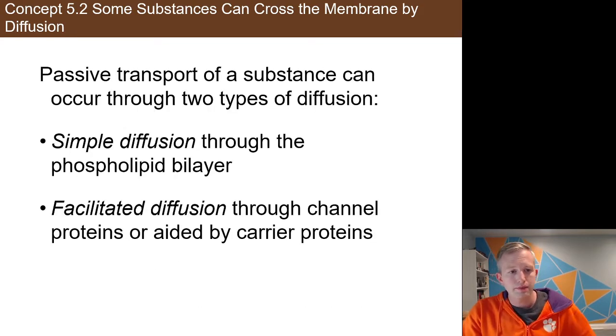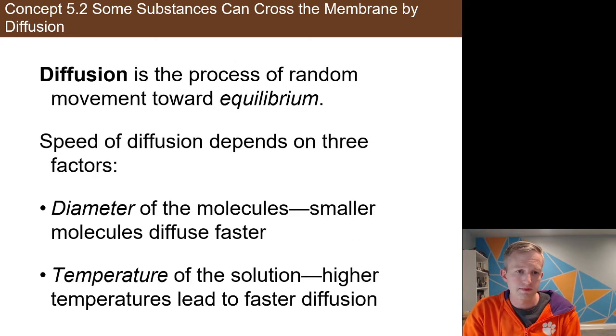This can happen in two different ways. Simple diffusion is the simple movement of things through the phospholipid bilayer, sneaking between the phospholipids, traveling through the hydrophobic region and into the cell, versus facilitated diffusion, which needs the help of one or more proteins.